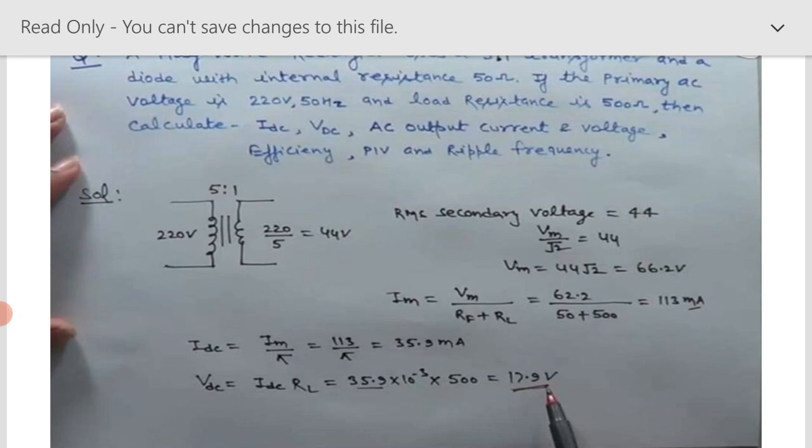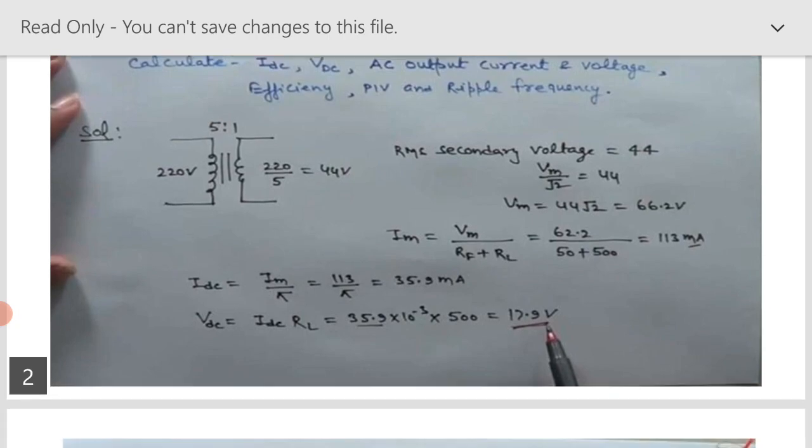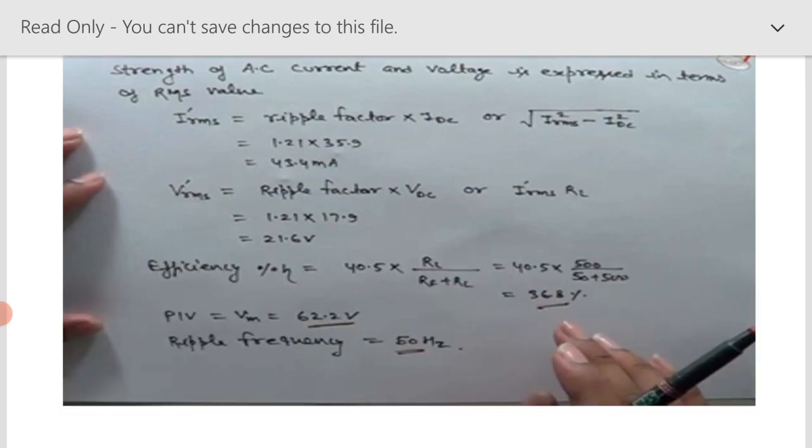IDC is equal to Im by pi, which is 113 upon pi, equal to 35.9 milliampere. VDC is equal to IDC into RL, which is 35.9 into 10 raised to minus 3 into 500, equal to 17.9 volt. That is VDC.